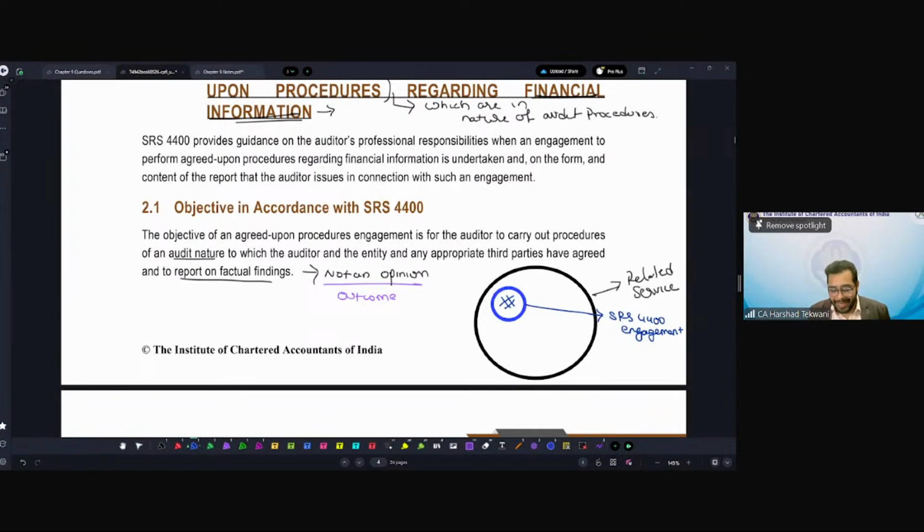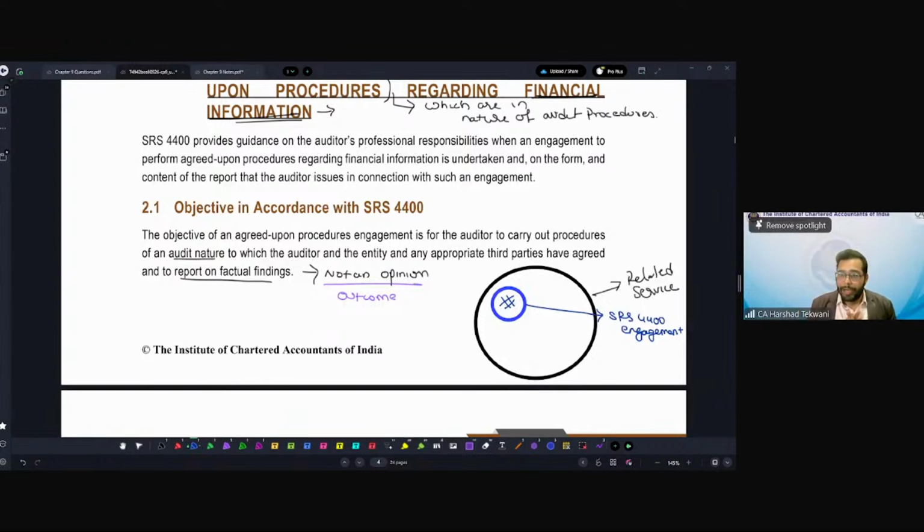And in any case, let's say for example, this is a non-assurance engagement. If I am an auditor, section 144 of the Companies Act is also there to bar me or restrict me from providing non-assurance engagements. So the word auditor may be used throughout the chapter, but that is to denote the person who is performing the services, not that the person has to be an auditor.